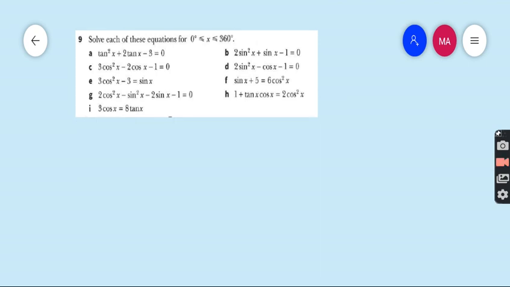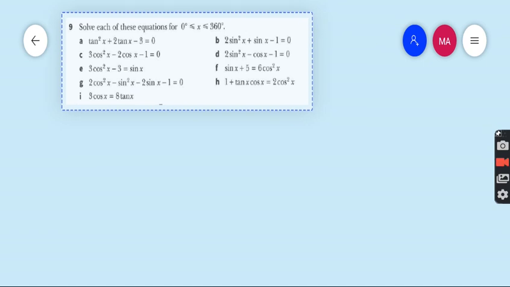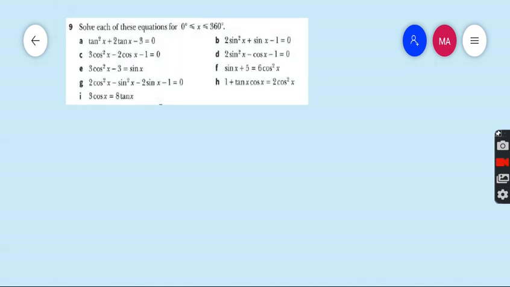Let's move on to part D. Part D is 2 sin square x minus cos x minus 1 is equal to 0.